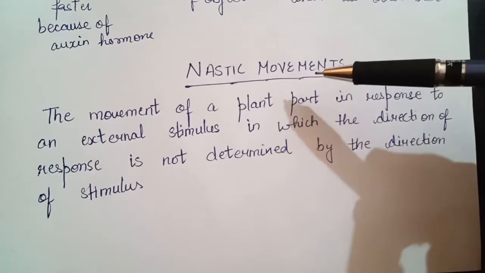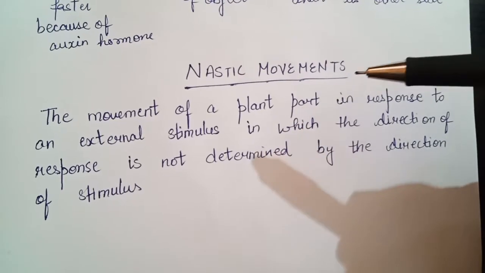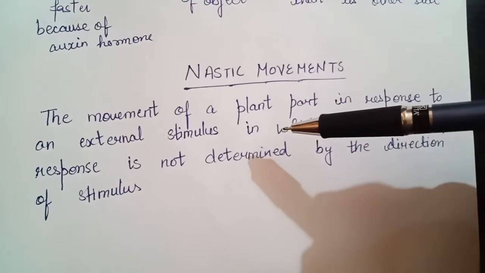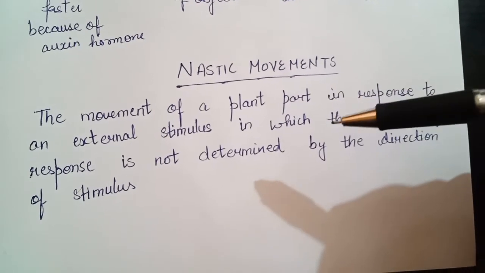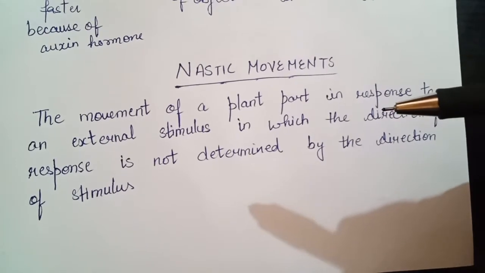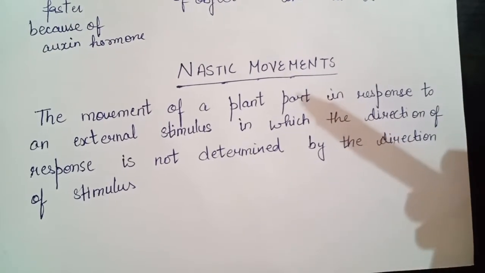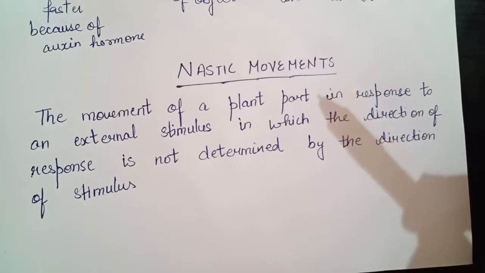Now the next type of movements shown by plants are the nastic movements. What are nastic movements? In tropic movements, the response or growth of the plant part is always in the direction of the stimulus which is applied.